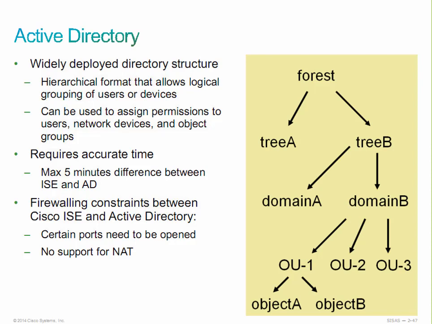They could be a collection of users in the same corporate group, servers in the same cluster, printers on the same floor, and so on. The domain itself is kind of like the top level. Well, not the top level. The forest would be the top level, but a host of objects that are logically grouped based on the organizational unit. And the tree is a collection of these domains. And then finally, the forest is the top level of the Active Directory, and so on.